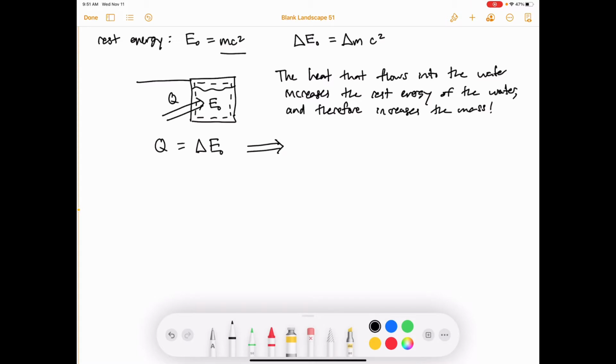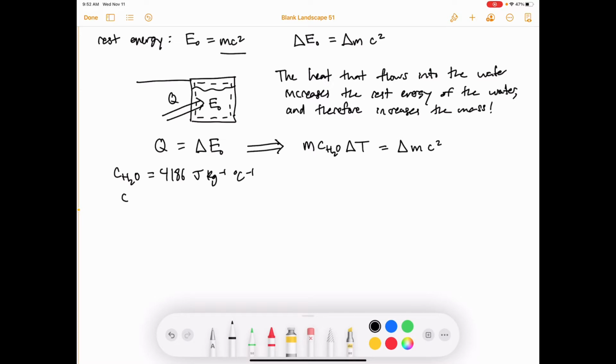Now let's remember Q is equal to the mass of the water times the specific heat, which I'll write as C H2O. So C H2O is 4,186 joules per kilogram per degree Celsius. And then that gets multiplied by delta T. That's the heat. That's equal to delta m times c squared.